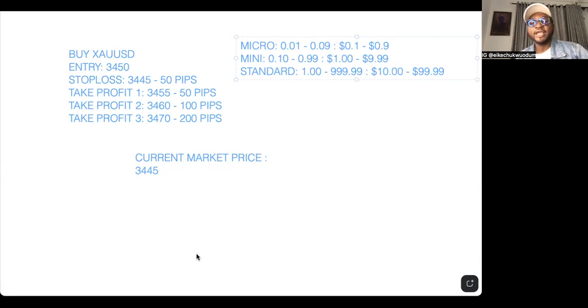You also want to note that in trading, equity would also boost your chances of making more money. So you want to make sure you have good capital, good equity, so you can increase that lot size a notch, just so you can increase the kind of money you're making, right?